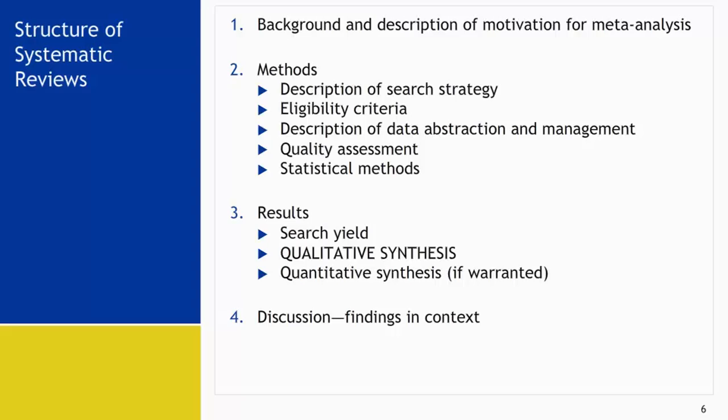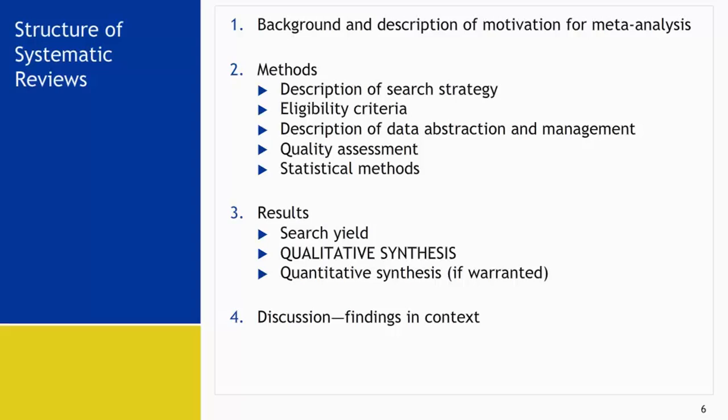And then in the results section, you'll talk about what you found when you did your search, and that will typically involve a flow chart of some sort, and then both a qualitative synthesis and a quantitative synthesis. And sometimes, as we said, the quantitative synthesis won't be warranted for various reasons. We'll talk about that in another lecture. But the qualitative synthesis is part of the results.